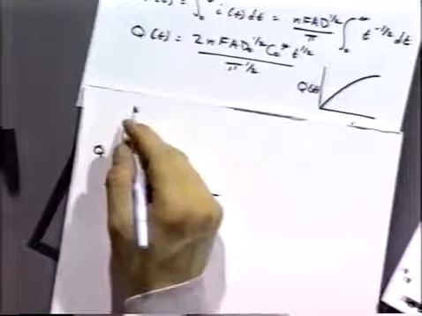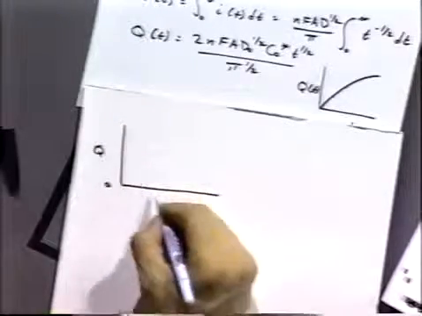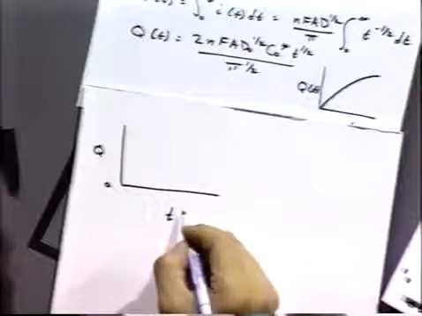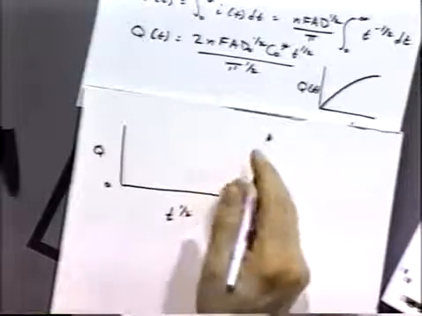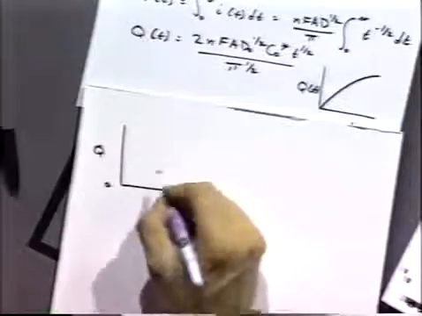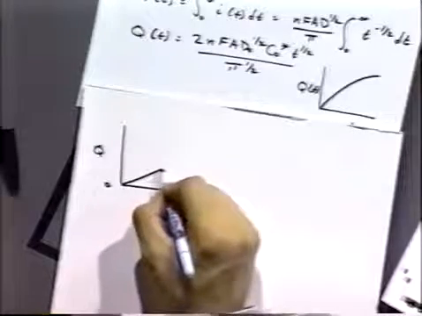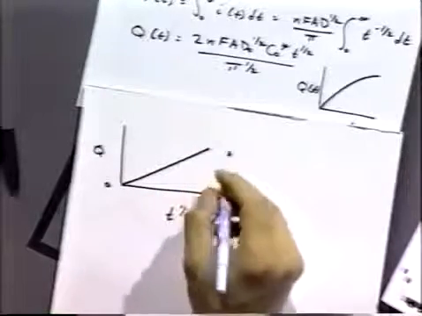A guy named Fred Anson first came up with this idea. He said, well, if I plot my charge like so, what do I get? If I plot Q versus t to the 1/2, the Faradaic current is a straight line with a constant slope.